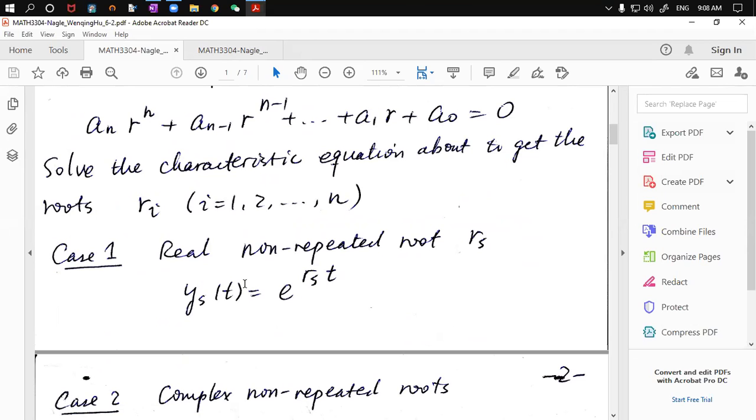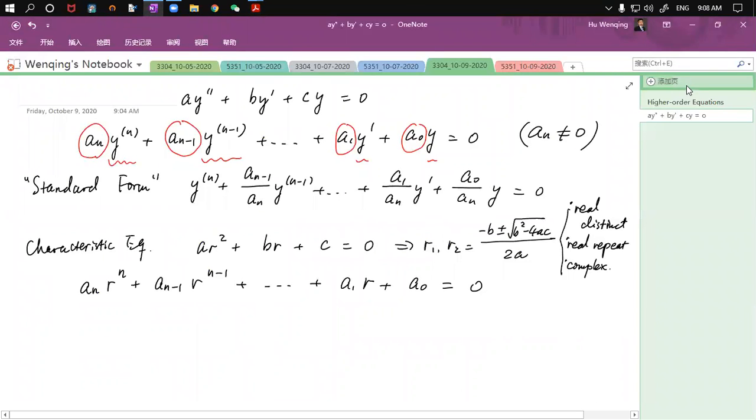So in case one, real non-repeated root, presumably there should be n different solutions to this polynomial equation. This is what we call the fundamental theorem of algebra.